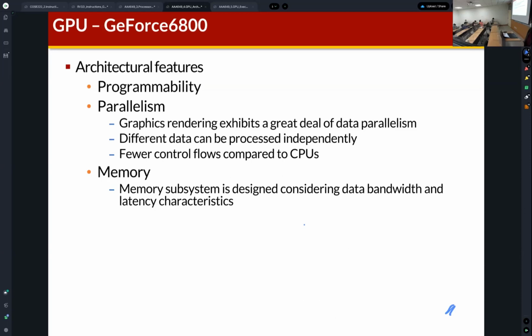I said that GPUs were developed for graphics applications, and they can execute the instructions developed for graphics applications. So GPUs already have programmability, and parallelism is also implemented inside the GPU.